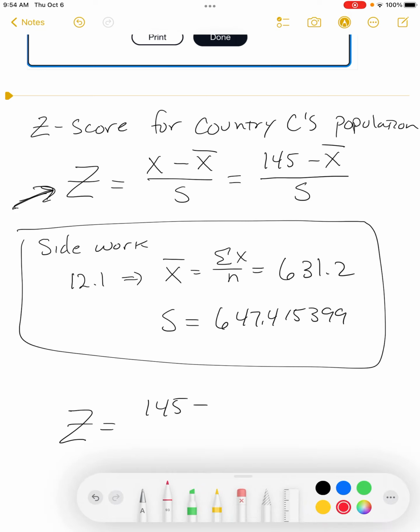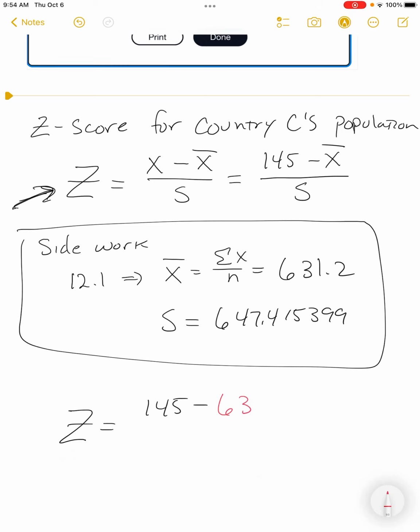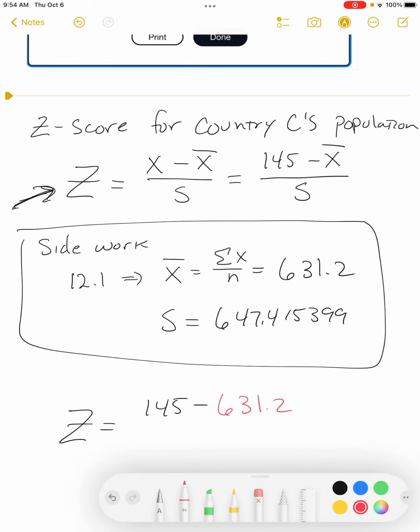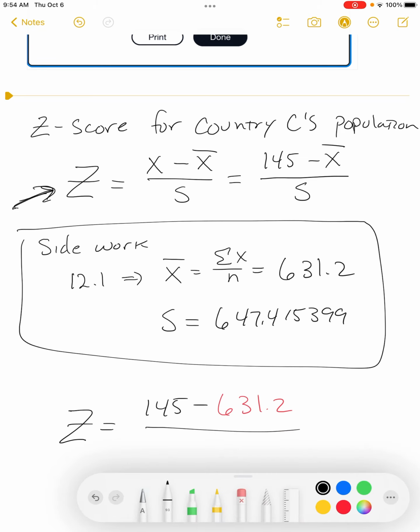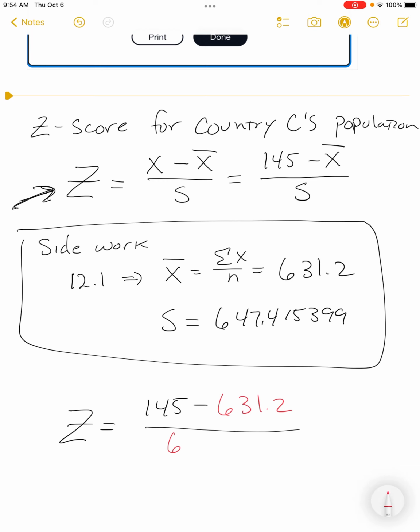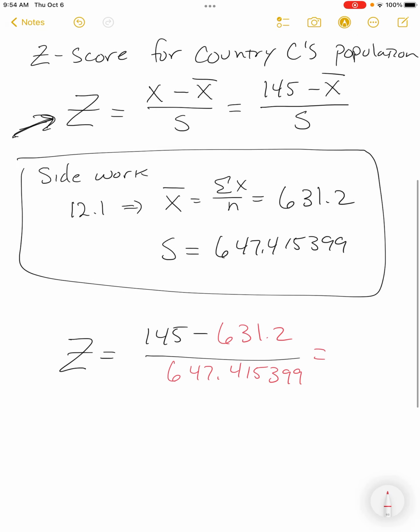And remember, we just figured out by adding up the data and dividing by n, by using StatCrunch, by using a calculator that can store the data, whatever you did in the previous sections, you come in here and realize, well, these two red numbers was what I got out of my side calculations from previous sections. And when you run that, I'm going to run out of room there, so I'm going to come down here.